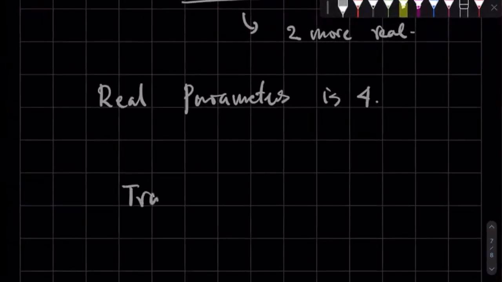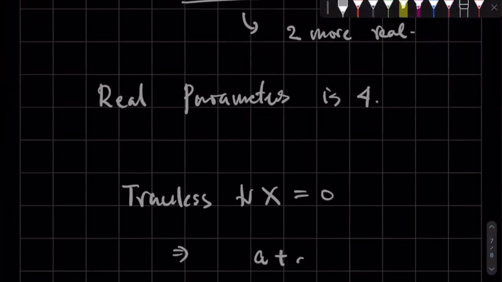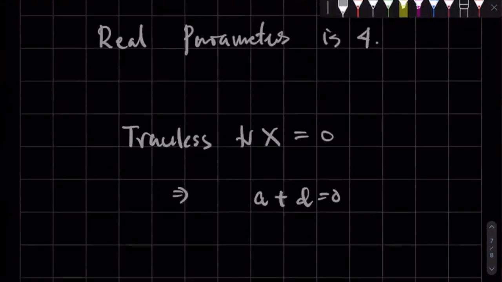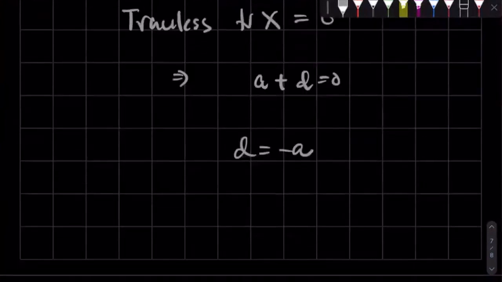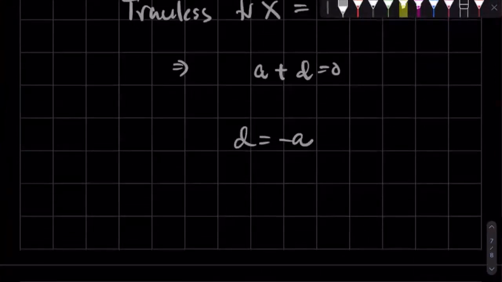So if I say it's traceless, the trace of X is 0. That means A plus D is 0, and therefore D is minus A. So our matrix must be (A, B; C, minus A).